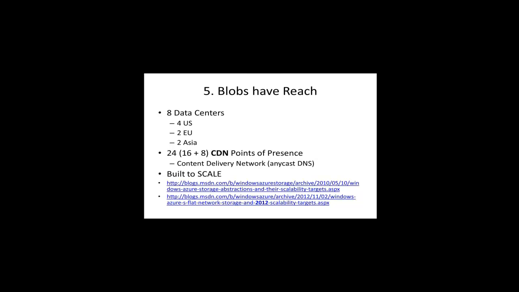However, the CDN only applies to public blobs. We haven't really talked about that yet. We'll get into it in the valet key pattern. But a blob is either protected or it's public. And the CDN only applies to blobs that are public. And furthermore, the headers, the HTTP stuff that we talked about earlier, setting cache headers and so forth, that still applies here.